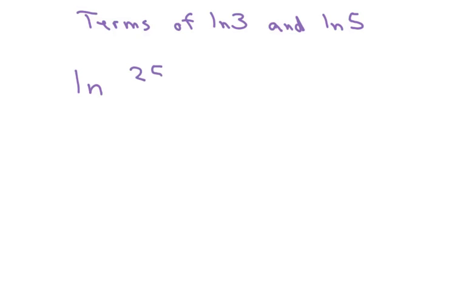Okay, the next one we're going to do is express each log in terms of ln of 3 and ln of 5. So I'm going to write ln of 25 over 81. Now I'm going to expand this as ln of 5 squared minus ln of 3 to the 4th.